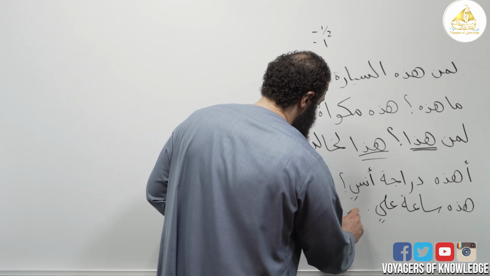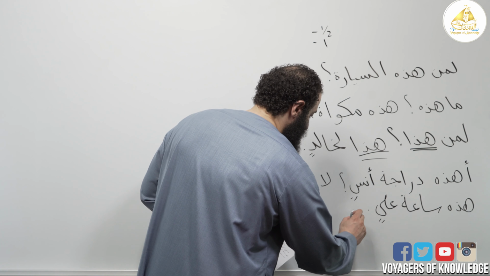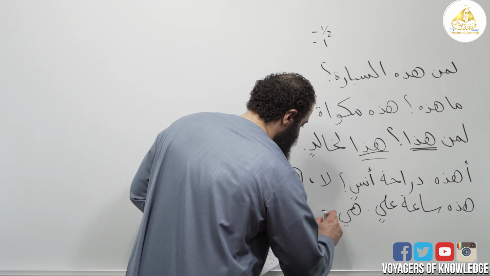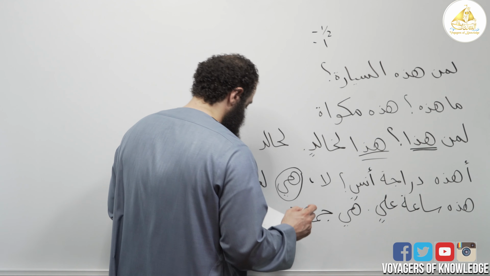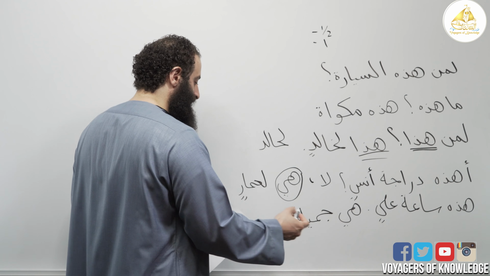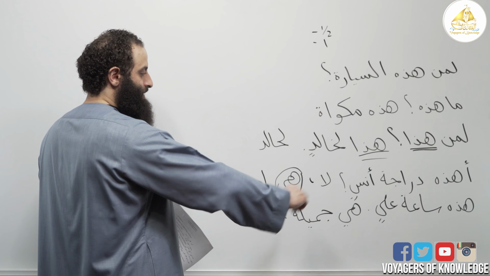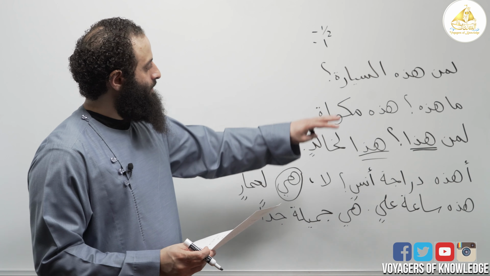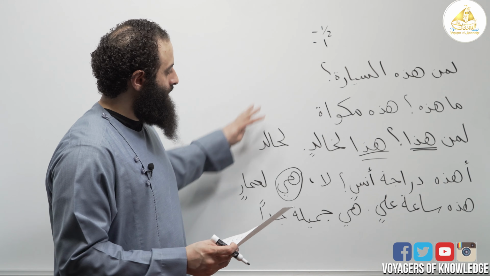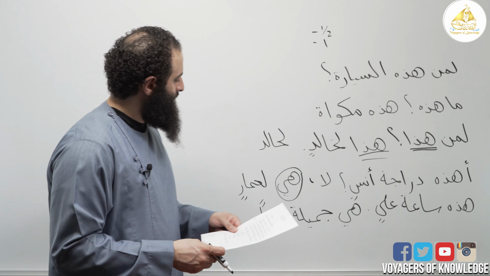Again, it says it is and not this is. هي جميلة جدا. This here is worth 6 points, and that is the end of number 5. All of these are worth 24 points, inshallah, if we added them correctly.